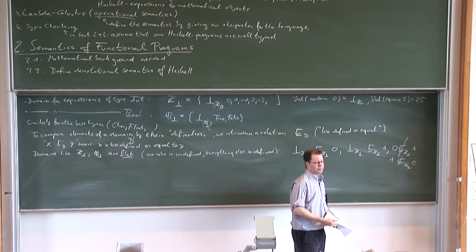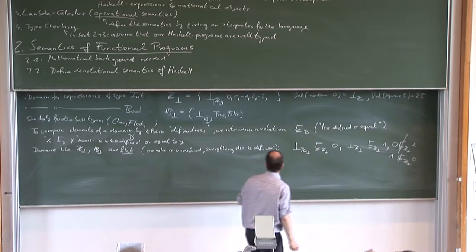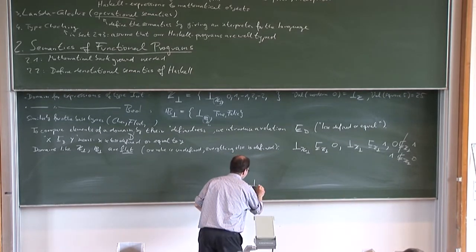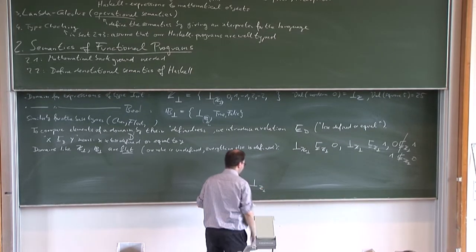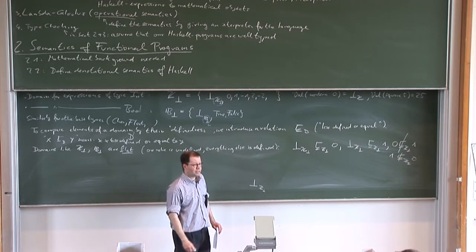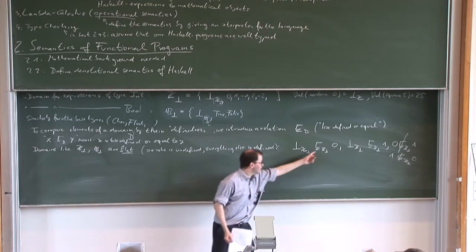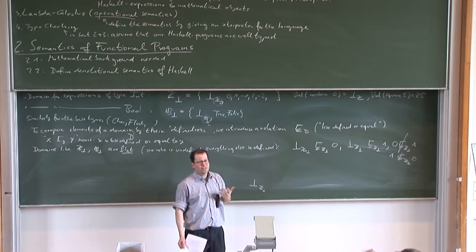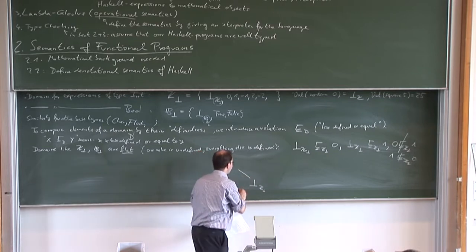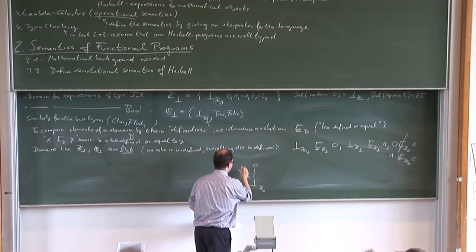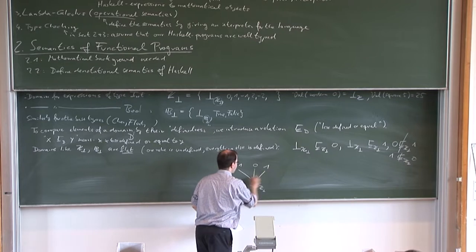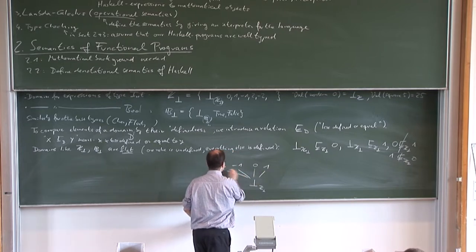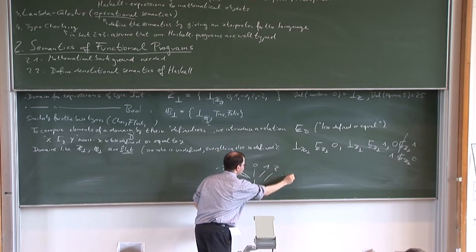They are incomparable. So if you want to depict this in a nice way, you can say, okay, this thing is the smallest element with respect to this relation. It's the thing that is as undefined as possible, and everything else is more defined. So 0 is more defined, minus 1 is more defined, 1 is more defined, minus 2, 2, and so on.